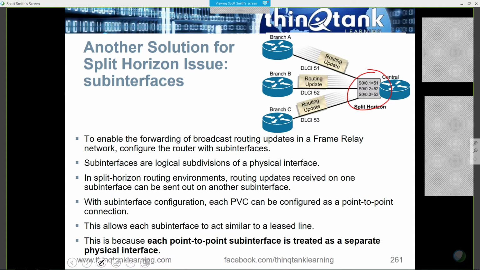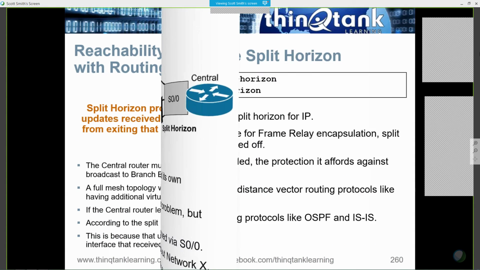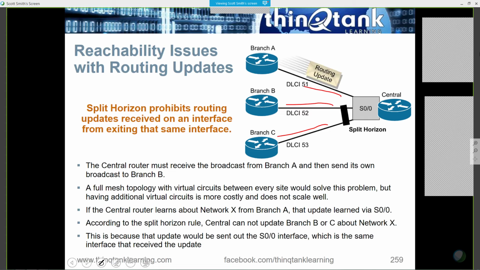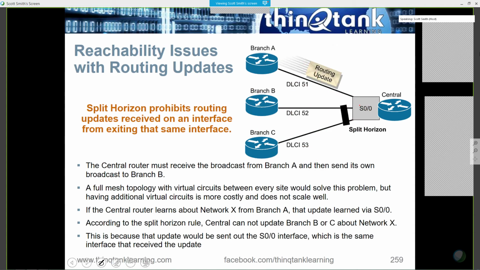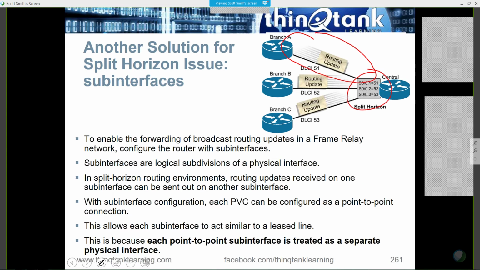What is the downside to this method as opposed to this method? In this method, everybody is on the same subnet. These are layer 2 connections going to one interface. With this method, everybody's on a different subnet because they're separate sub-interfaces.